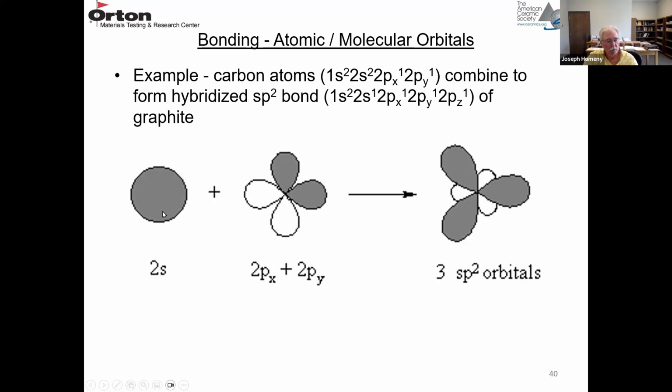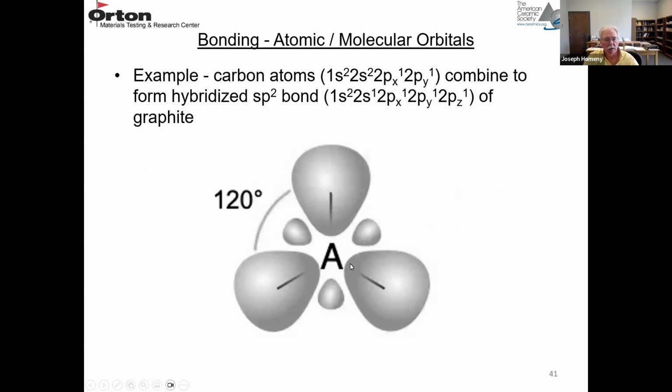So here's your 2s level, and your 2px and your 2py levels, and they're forming these three levels, 2px1, 2py1, and 2pz1. So there's three sp2 orbitals. And I have a better picture here.